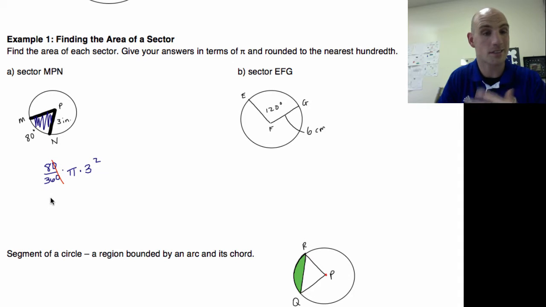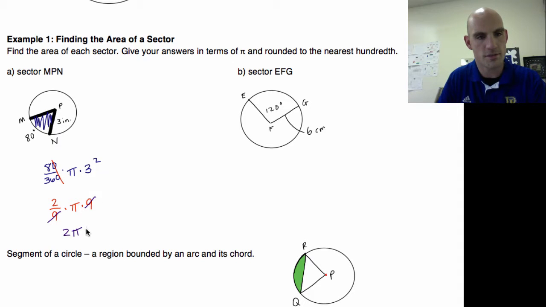I'm going to do a little bit of reduction on this fraction. 80 out of 360, we can reduce both by 40, so we have 2 over 9 times pi times 9. We can also see that this is going to cancel, so that's going to give us 2 pi.